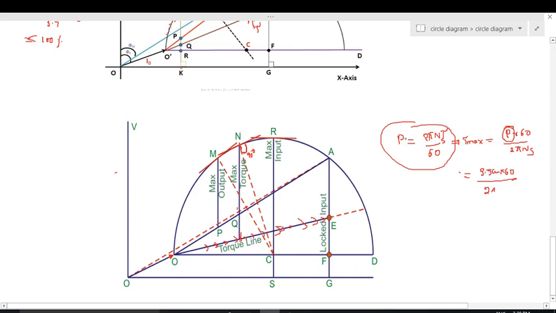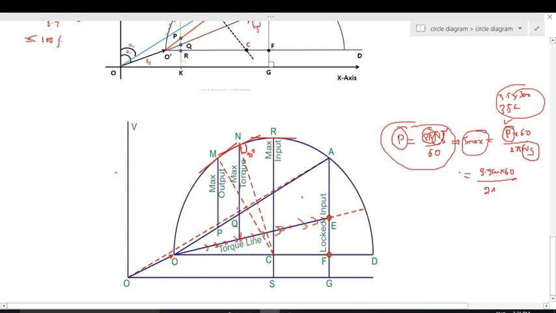By using the distance, we can find the power. And 2 pi is constant. N is nothing but synchronous speed. Power is nothing but distance. Suppose 3.5 centimeters, 3.5 into 300, which we took earlier. So this is the power, and 60 is constant, 2 pi is also constant, Ns is from the data, so we can find the maximum torque.